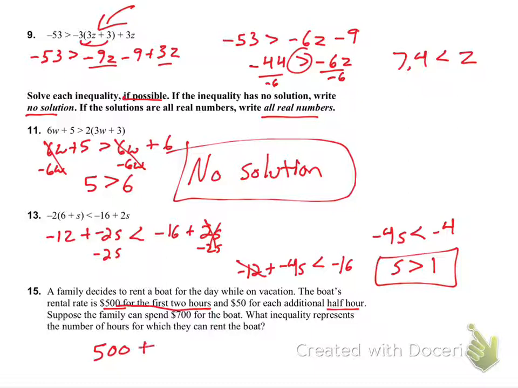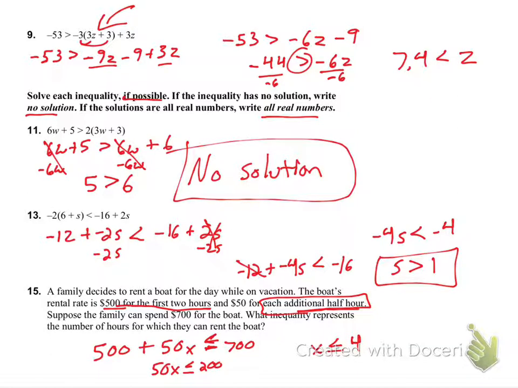Then we're going to add 50 for each additional half hour, so for time, we'll represent that as x. That's going to have to be less than or equal to 700. If I minus 500 on each side, I'll have 50x is less than or equal to 200. And then if I divide that by 50, I'll get x is less than or equal to 4.